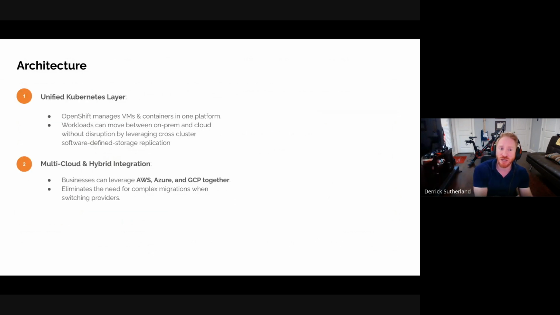So by living in a unified Kubernetes platform, one of the things we have the ability to do is have, again, shared storage between these different environments.